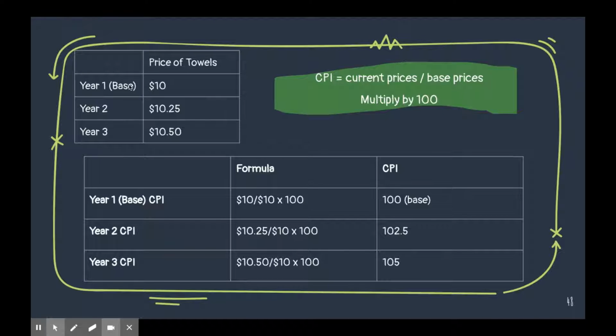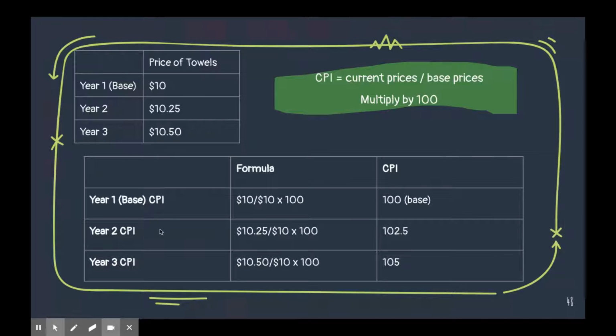Because year 1 is our base. So 10 divided by 10 gives us 1, times 100 gives us a CPI of 100. Now, if our economy is doing really well and functioning as it should, our CPI should always be 100. When it is over this number, it means that our inflation is much higher than it should be.